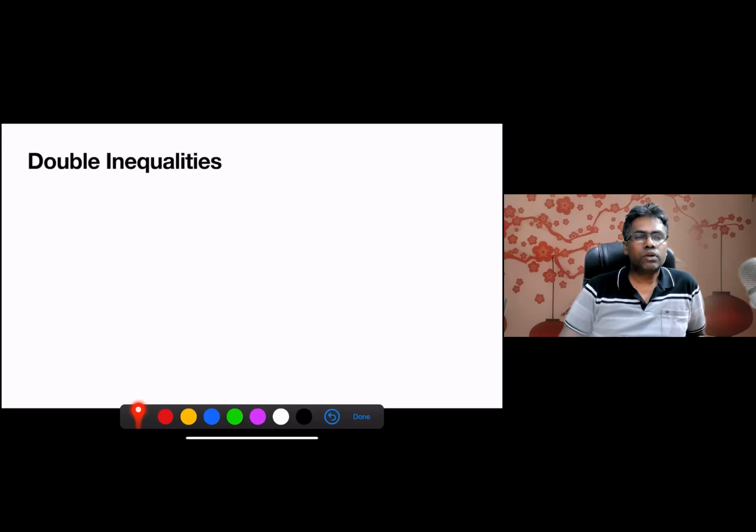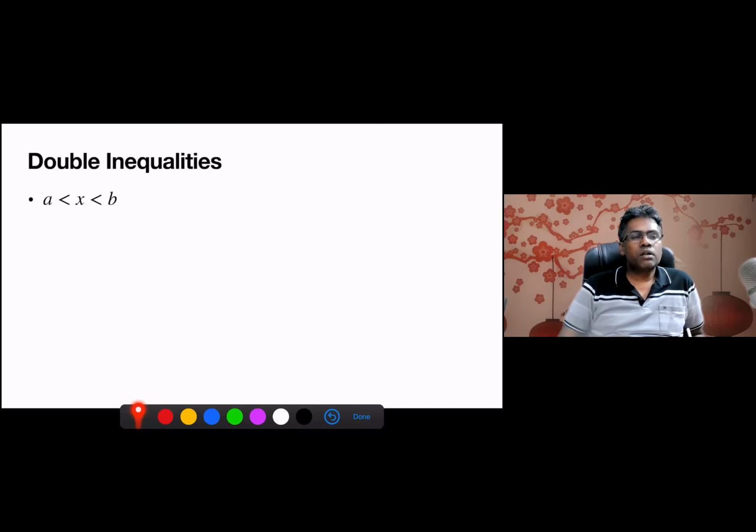Then, double inequalities. Double inequalities are nothing but inequalities where you represent both the less than and the greater than, or a combination, in one go. They look like this. If a and b are real numbers, and you assume that a is less than b, here it says that x is greater than a and x is less than b.